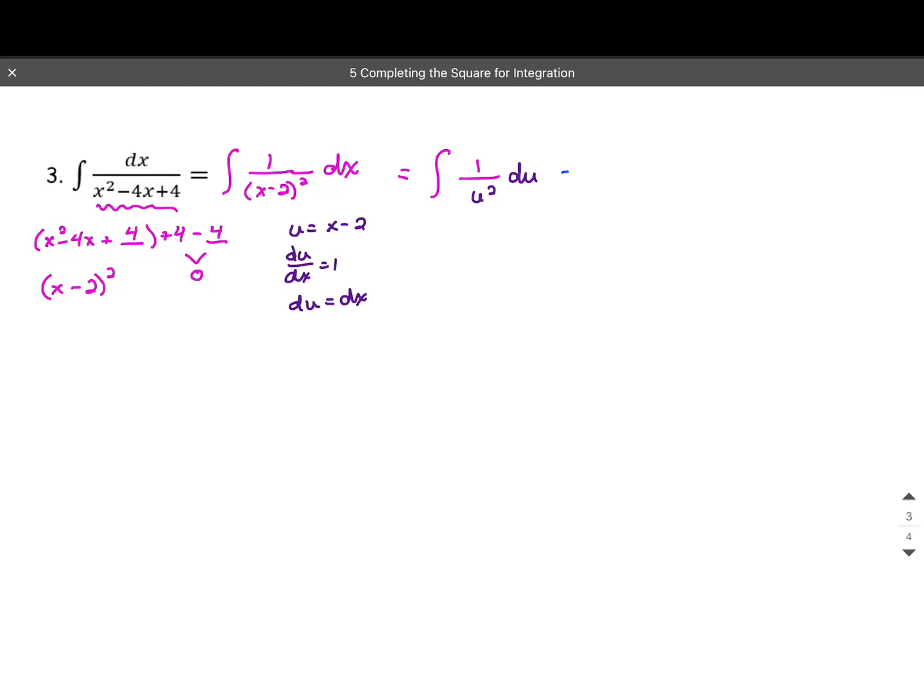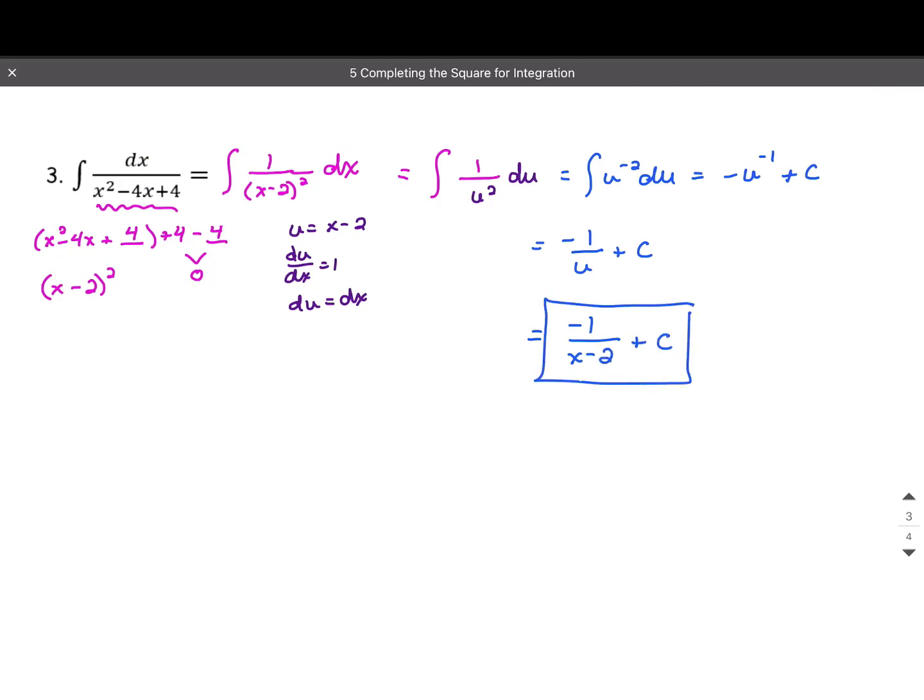And that, remember, is the integral of u to the negative 2 du. And the antiderivative of that, I add 1 to the exponent, negative 1, and when I divide by negative 1, plus c. So I'm looking at negative 1 over u plus c, and if I do that substitution now, my u is x minus 2, plus c. Here's my final answer. Awesome.